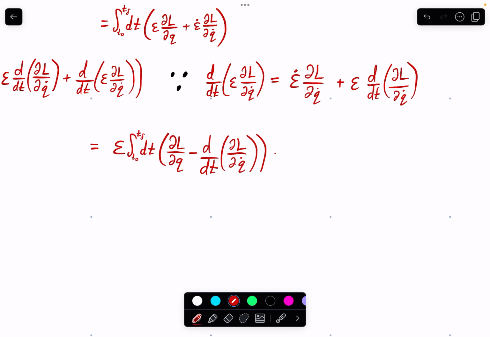Then you end up with a plus, from initial time to final time, d of epsilon ∂L/∂q̇. And this term actually goes to 0.